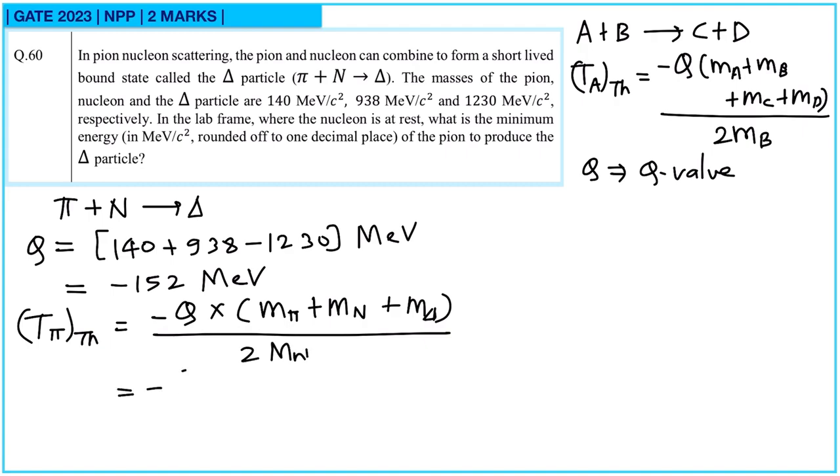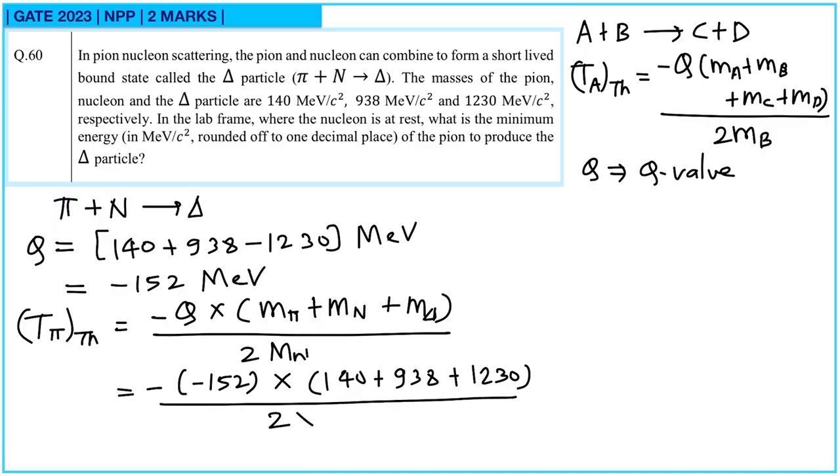So this will be 152 times 140 plus 938 plus 1230 upon 2 into 938, and this comes out to be 187 mega electron volt. So it is the threshold kinetic energy of that particle.